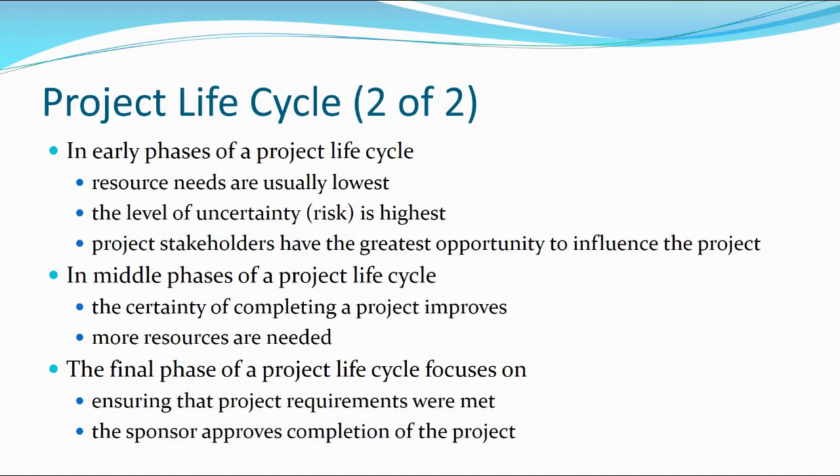By the time we've reached the middle phases where the project is actually executing, hopefully you've got some certainty. Hopefully the project is actually rolling out, but you're also going to be expending resources at that point. The last part of a project, and this is an oversimplification, is where we basically make sure that everything we set out to do got accomplished and that somebody is signing off. So all of these things tie together.